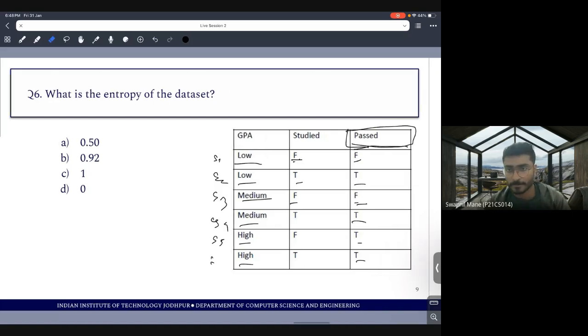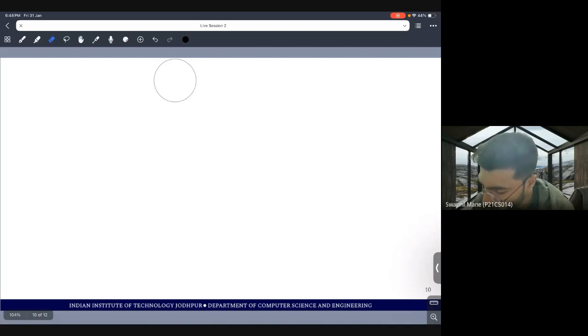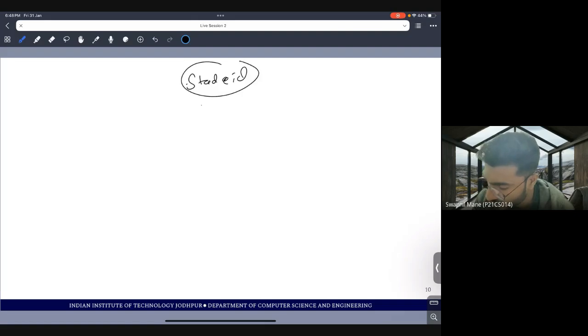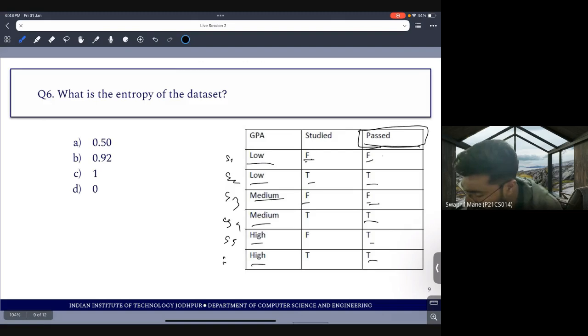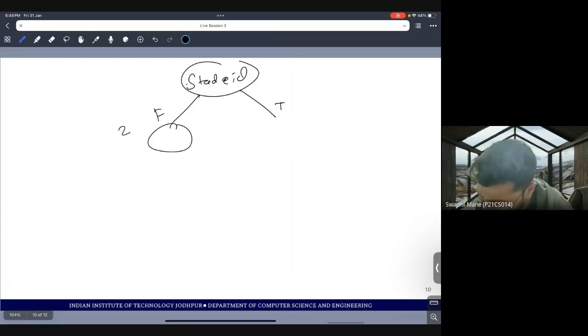Which attribute matters more? Suppose a student has not studied, then what is the chance he will pass or fail? Let's take studied first: there are two categories, failed to study or studied. If he failed to study, how many students have failed? One, two. Two students have failed.